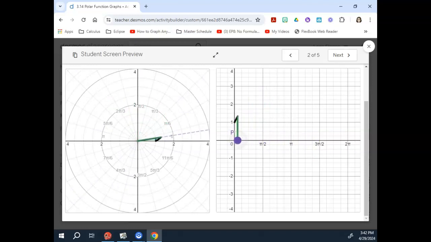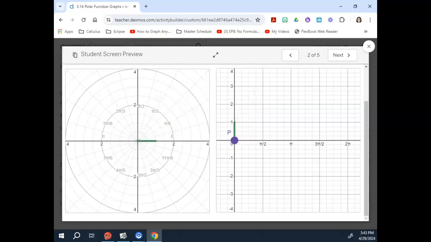As my x values, my inputs, my theta values, go from 0 to pi thirds and stop, you can see that the r value, the distance from here to here, is increasing. And I know that the radius is positive because my angles are from 0 to pi thirds, and the radius is in the first quadrant.